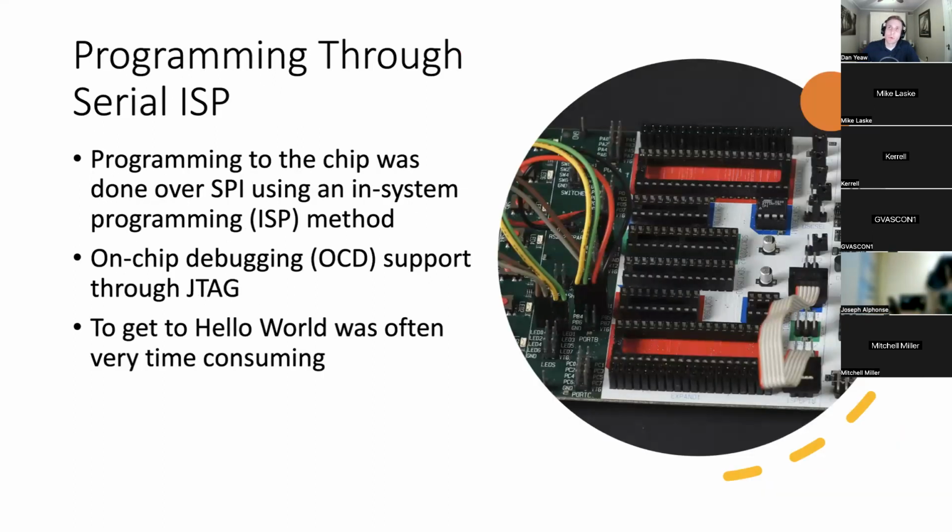You would also program through this in-system programming method, which uses the serial peripheral interface to program. And then for debugging your code, you would use JTAG, this on-chip debugger interface, which allows you to debug the software that was running on it.